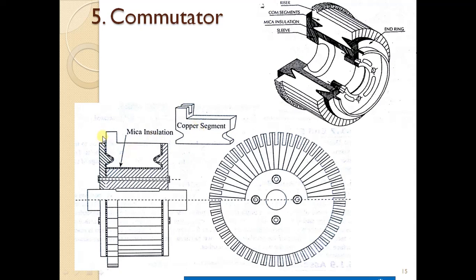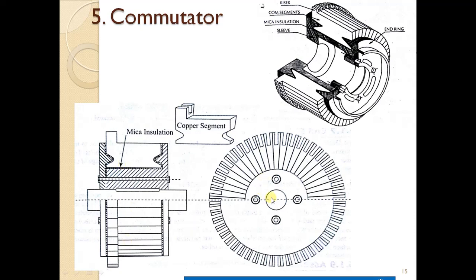This is the copper segment, this is how it looks. Here also you can compare this with this. Okay, it is placed on mica insulation. Here also you have a mica insulation, and this is the central axis line, and this is the shaft. This is the elevation part of a single commutator segment. I am detailing just the top portion, not the bottom portion.